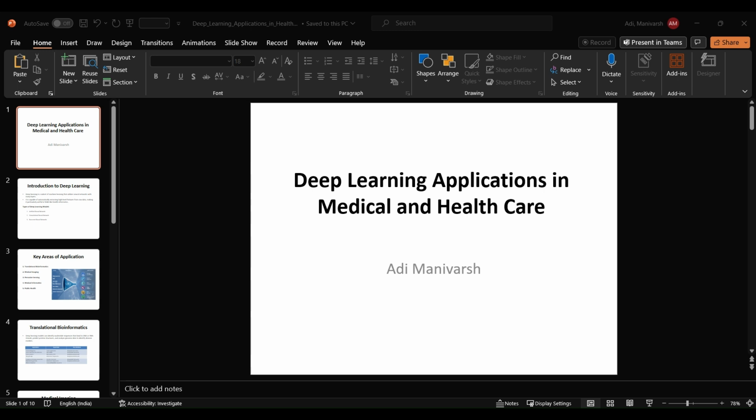It is sometimes challenging for a human eye to detect such diseases, whereas these deep learning models can go in depth of the data, analyzing the image pixel to pixel, and even the smaller variations can be identified by these deep learning models.